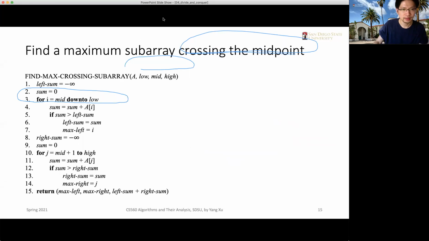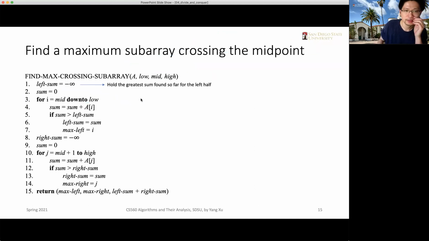In the next slide, I just copied the code here. First, it takes as inputs the original array A and three indices, not just low and high, but also mid, because we need to use the mid to constrain that the subarray must cross the midpoint.